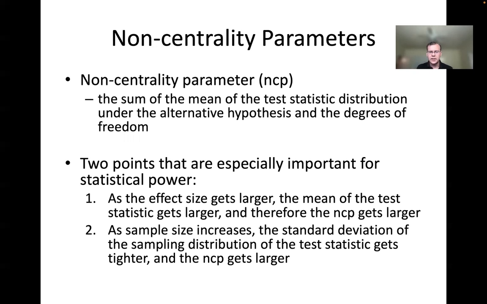The second is, as sample sizes increase, the standard deviation of the null and the alternative distributions gets tighter, and therefore the NCP gets larger as well. In both cases, as effect sizes or sample sizes get larger, we are increasing our statistical power.